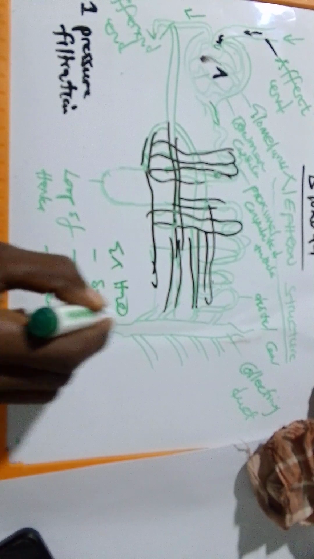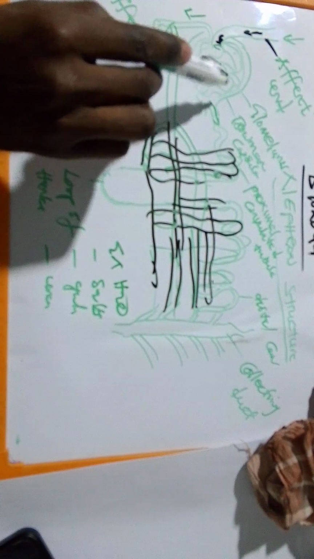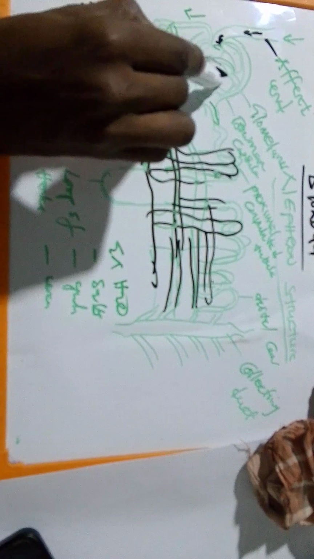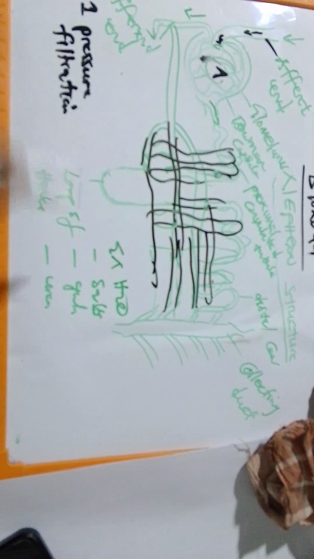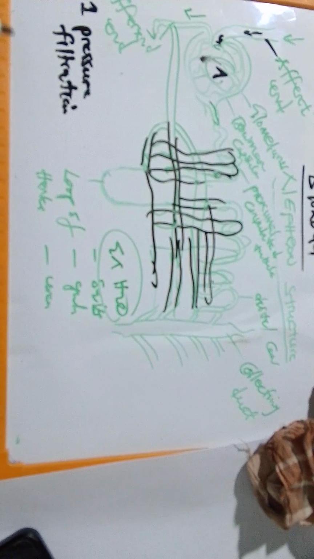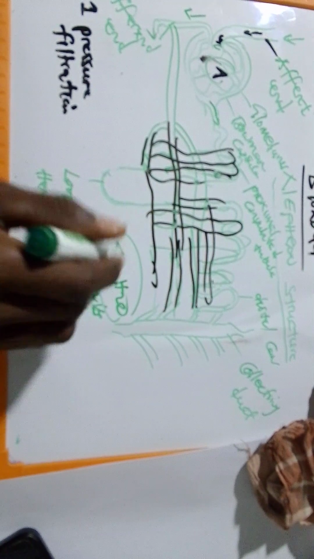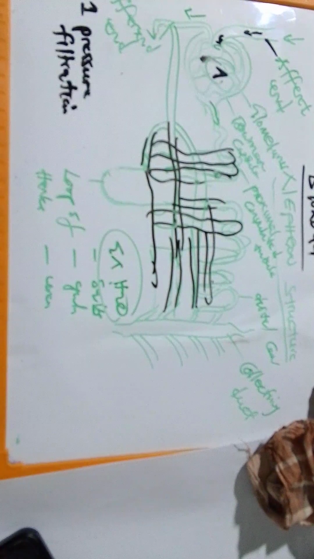Some of these substances which were filtered out from the blood at this stage are still needed by the body. In case the blood is still lacking water, the water balance is not okay, then this excess water should be selected and reabsorbed back into the blood.